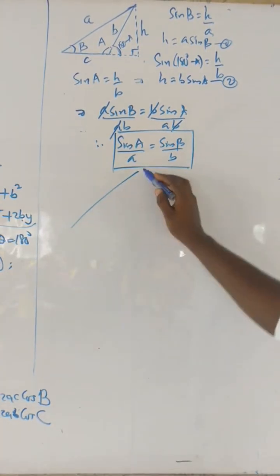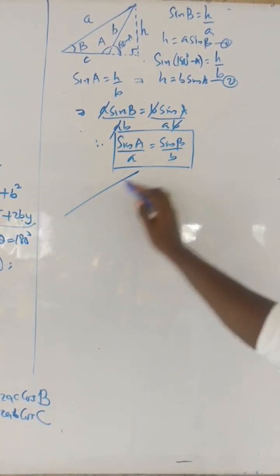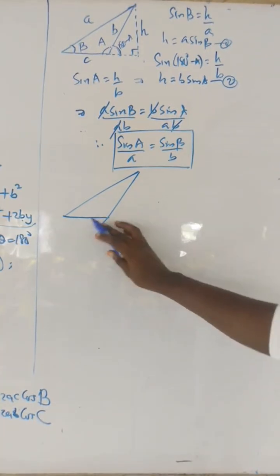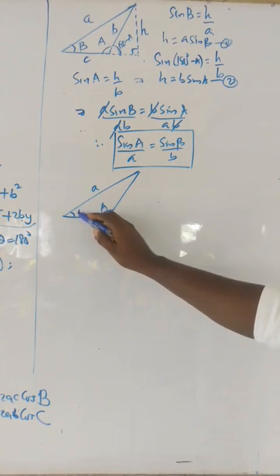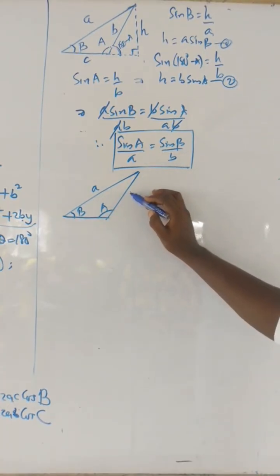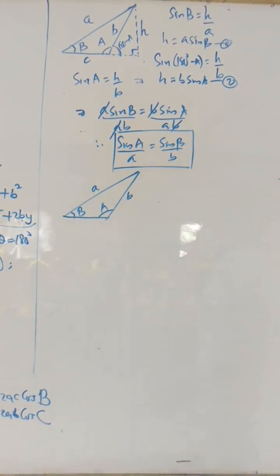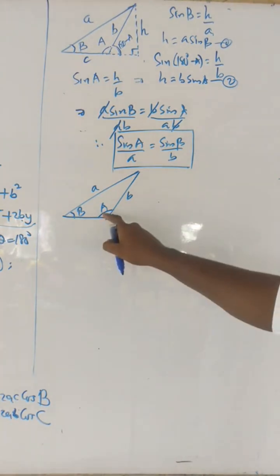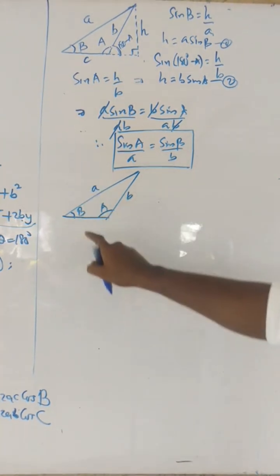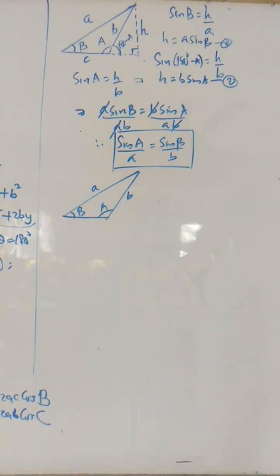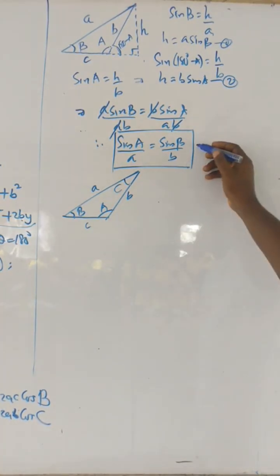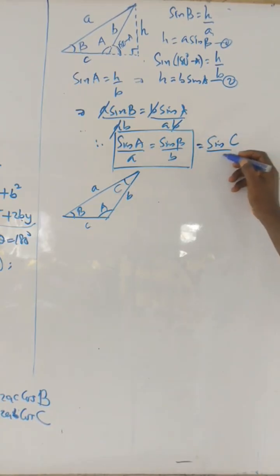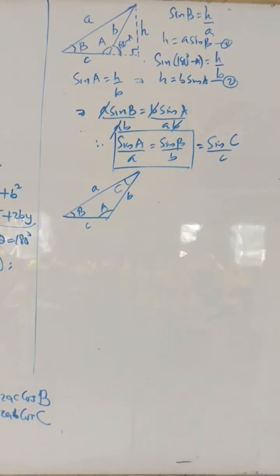Let's draw a diagram again. If this angle is A, side A, this angle B, side B, then it means sine A over A equals sine B over B. In fact, for this third angle, capital C, this side small c, you can also say this is equal to sine C over C. We can also establish that one for angle C. So that is what?